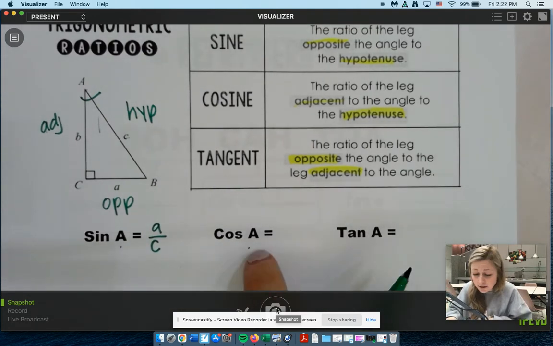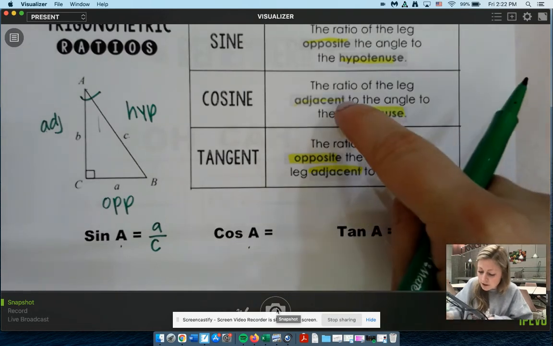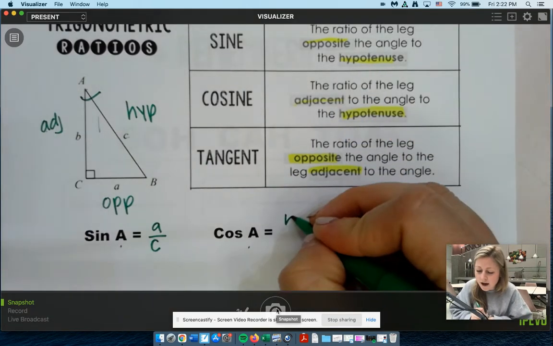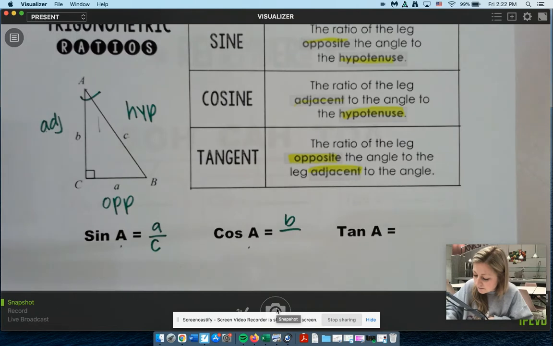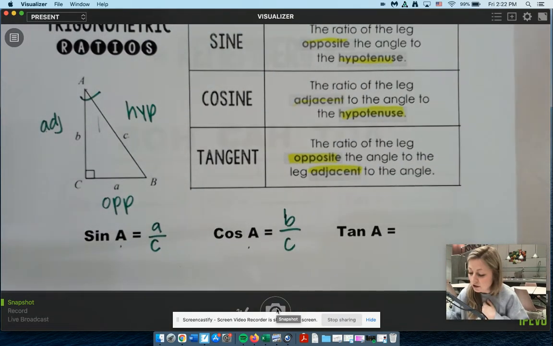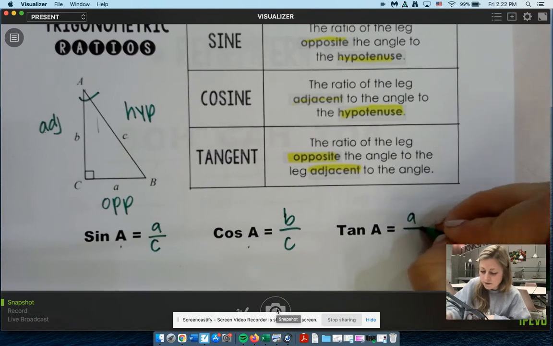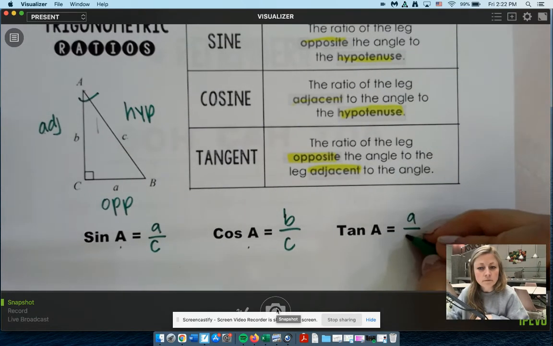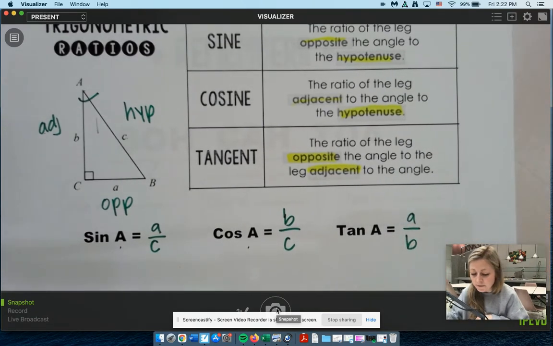Now our cosine is our adjacent leg, so B, over our hypotenuse, which is C. And then our tangent is our opposite leg, so A, over our adjacent, which is B. And there we are. Perfect.